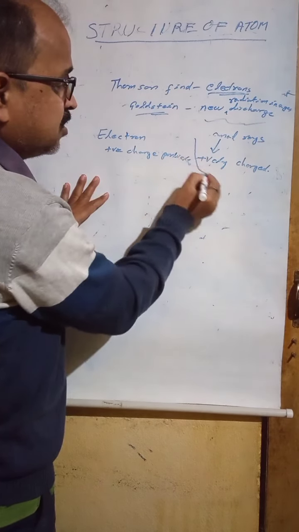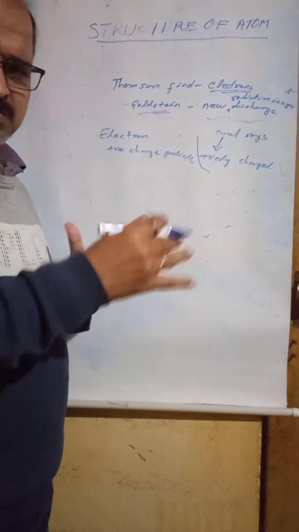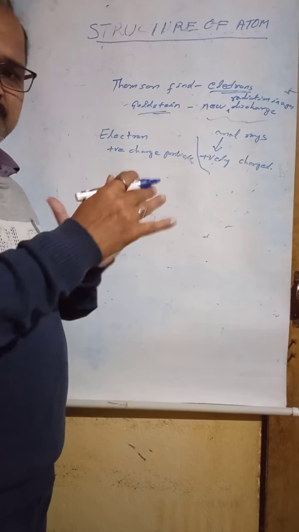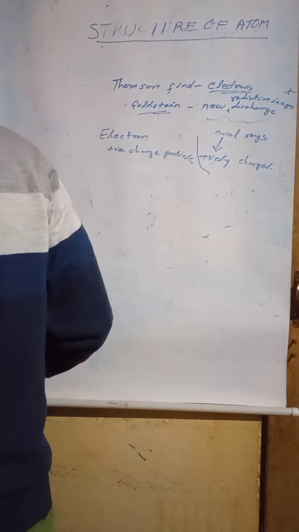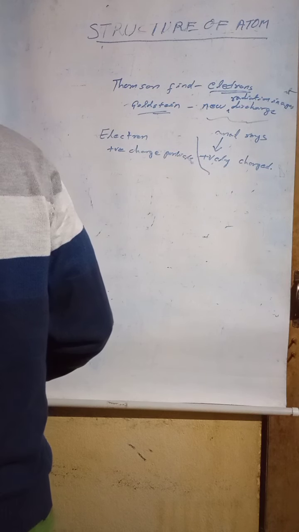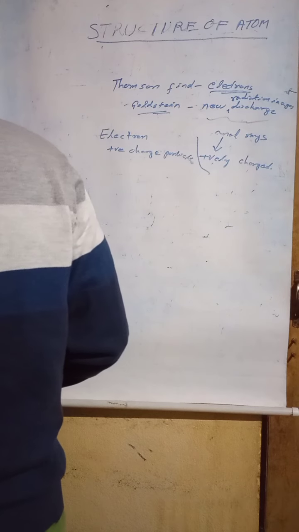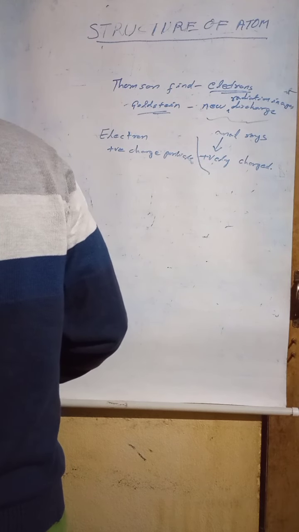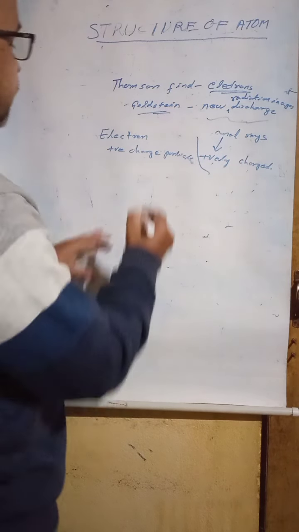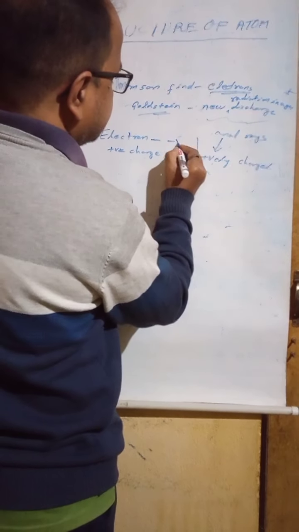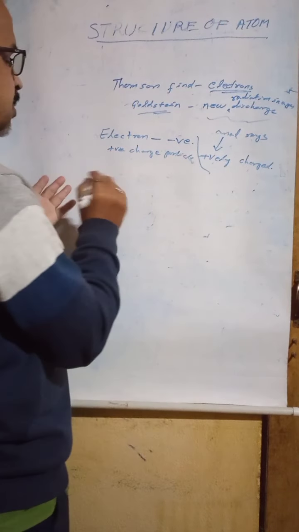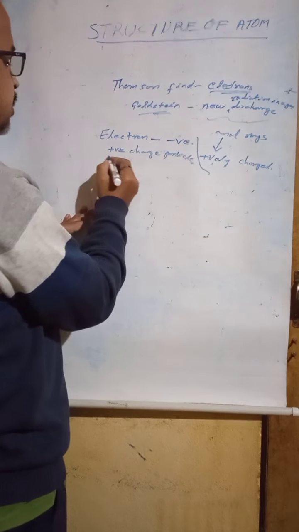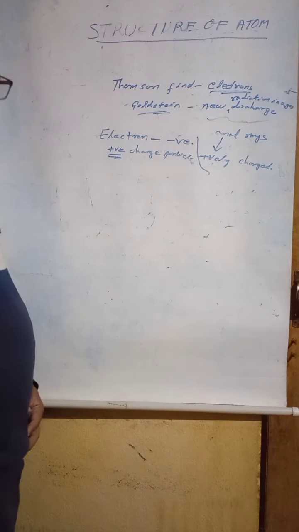Got it? See how these are step by step inventions of different scientists. The particle had a charge equal in magnitude but opposite in sign to that of the electron. The electron is negatively charged, and the subatomic particle with the opposite charge is positively charged.